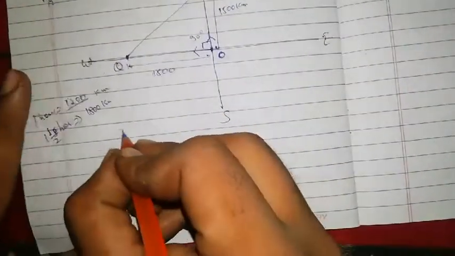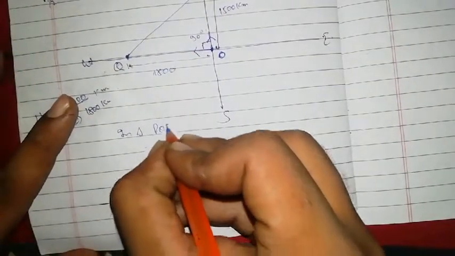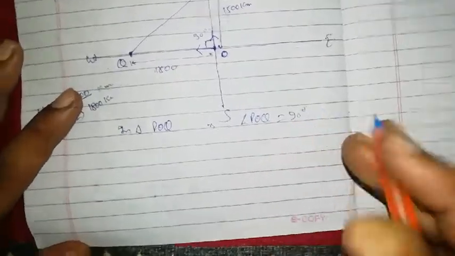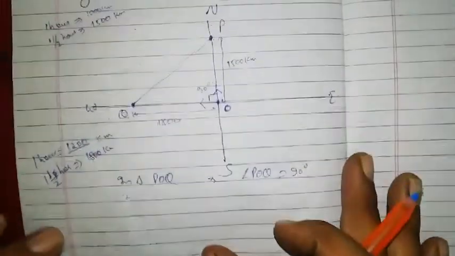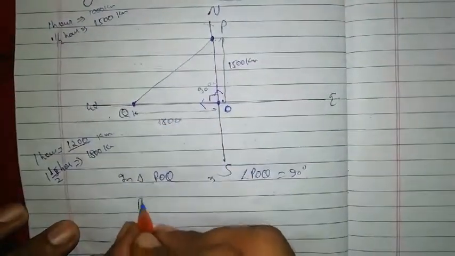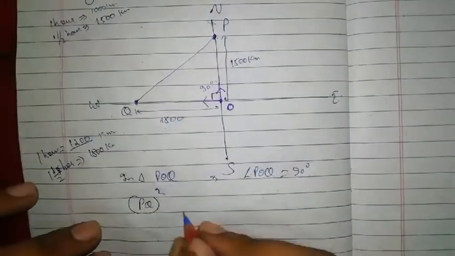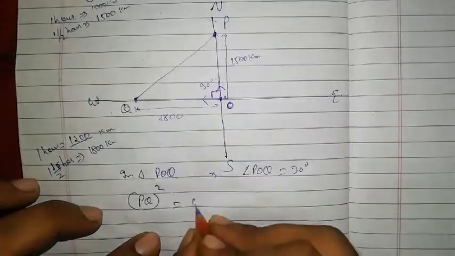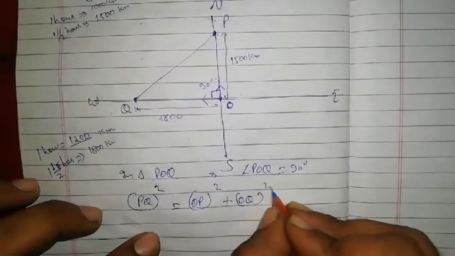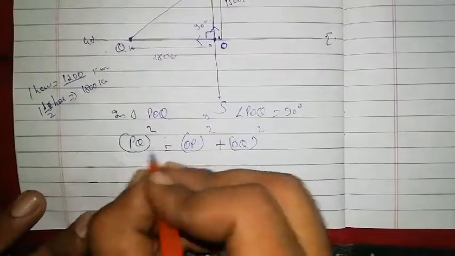So in triangle POQ, we have angle POQ, the center angle, 90 degrees. So here we can apply the Pythagoras theorem, which states that the hypotenuse square, which is PQ square, is perpendicular square, that is OP square, plus base square, OQ square. So PQ is what?